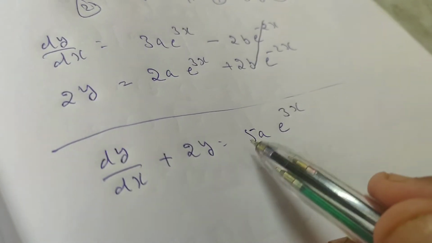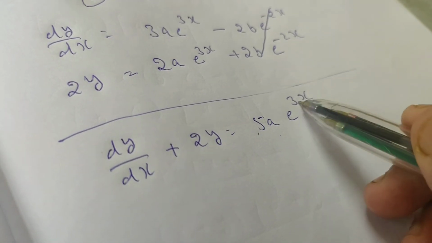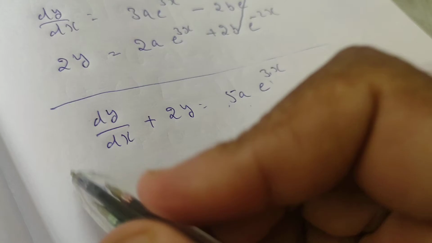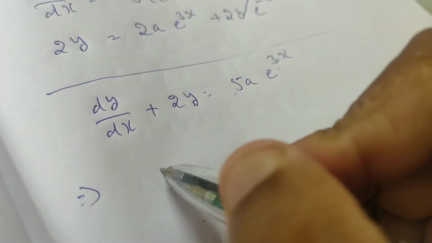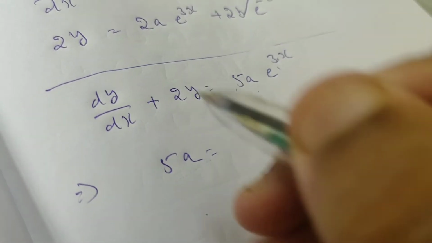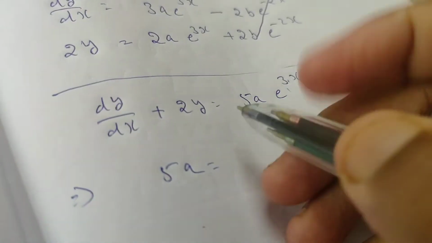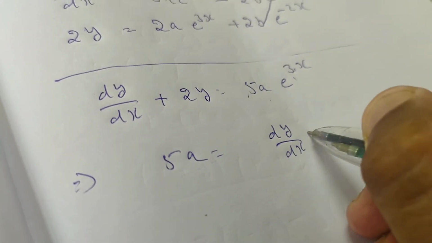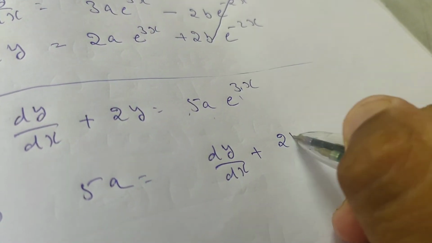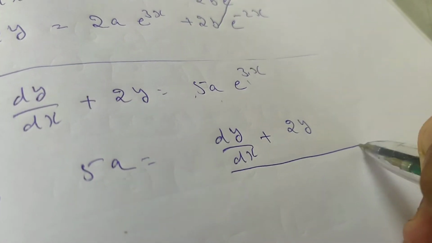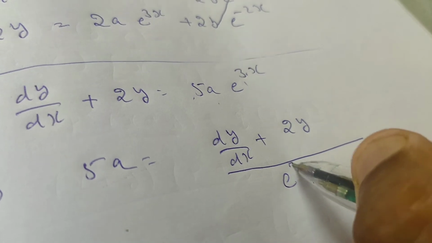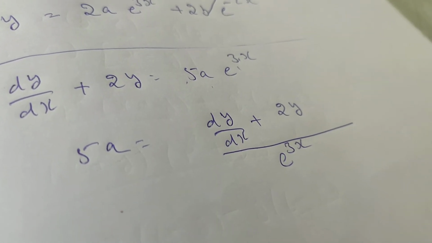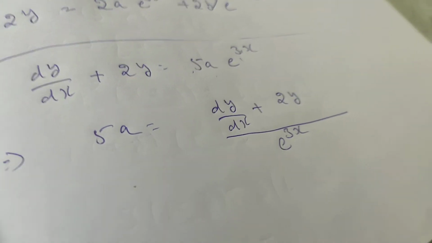Now only 5a will be the constant left, so put it there. This implies 5a is equal to dy by dx plus 2y divided by e raised to the power 3x.